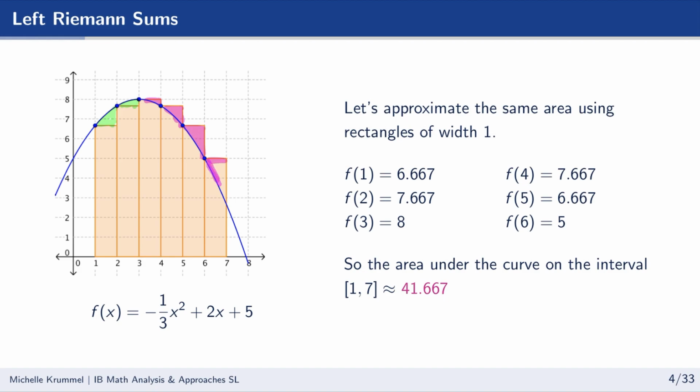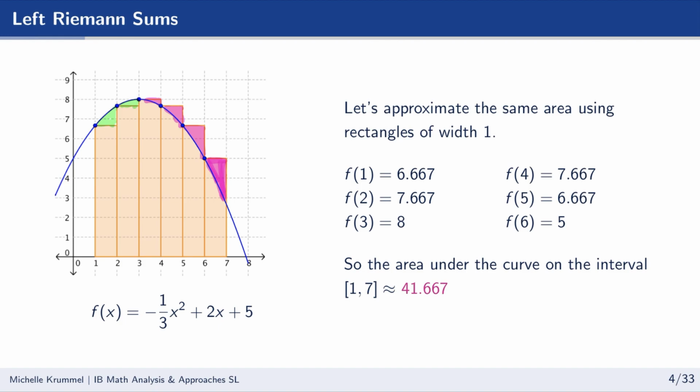And if we have a surplus, right, we're capturing more area than we should have, then that means that our estimation is an overestimate or an over approximation, which is going to happen in this case. If you compare the size of the deficit to the size of the surplus, then we have extra area left over. So we're going to get an overestimate here. So this left Riemann sum is overestimating the actual area.